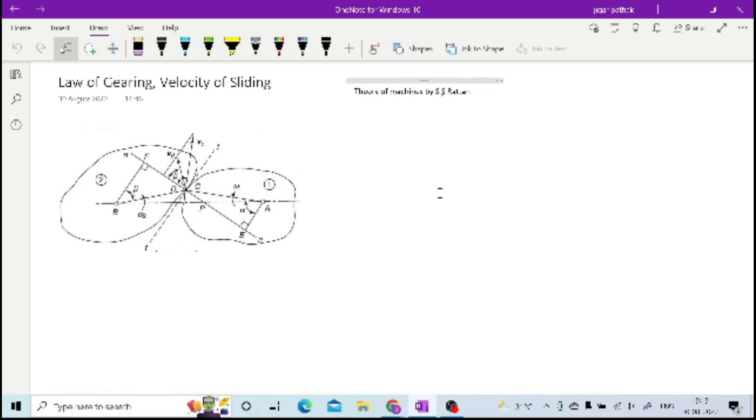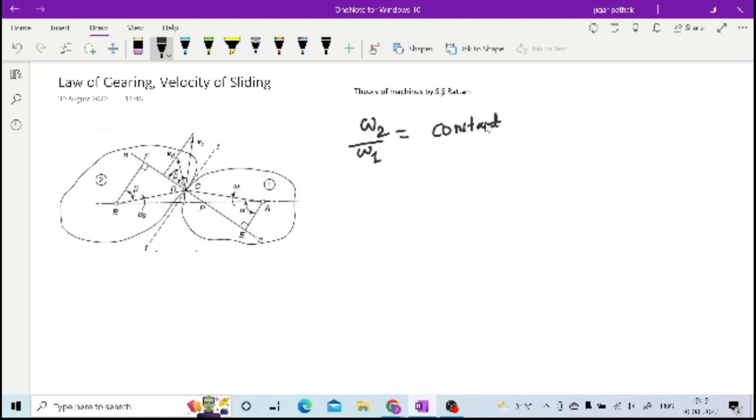what we have assured is that whenever you use this gear drive, your velocity ratio omega 2 by omega 1 will remain constant all the time.